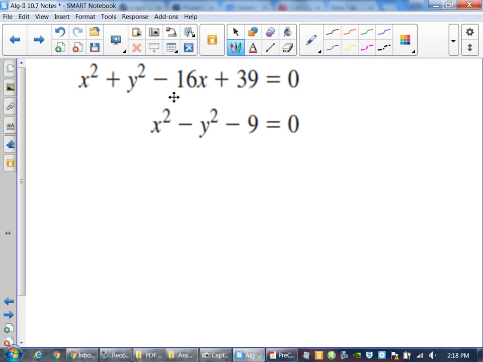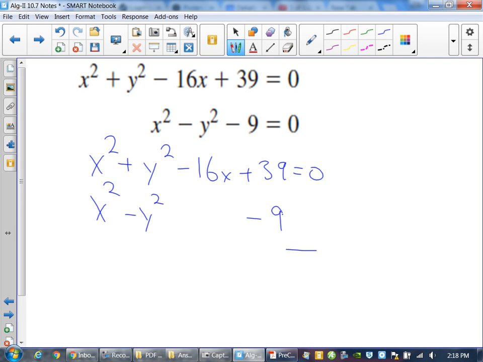This is a great example of using linear combination. Now I'm just going to add them together to eliminate the y squareds.